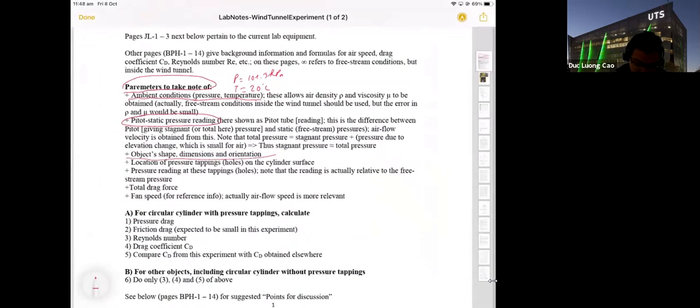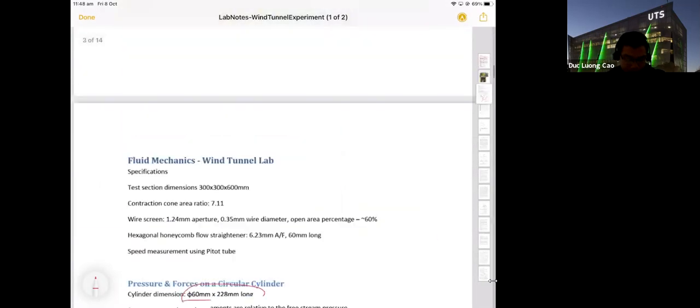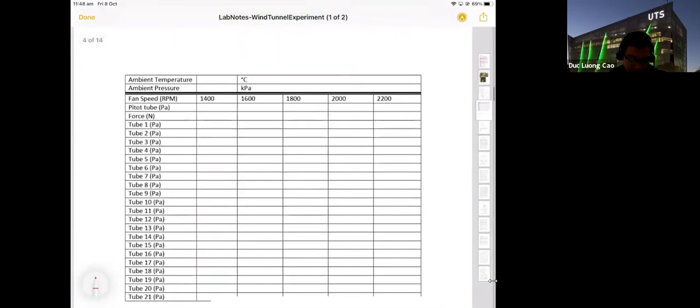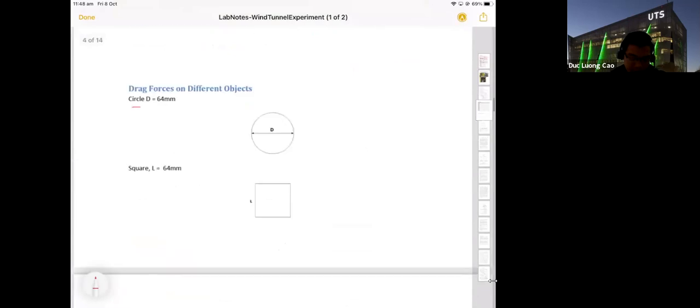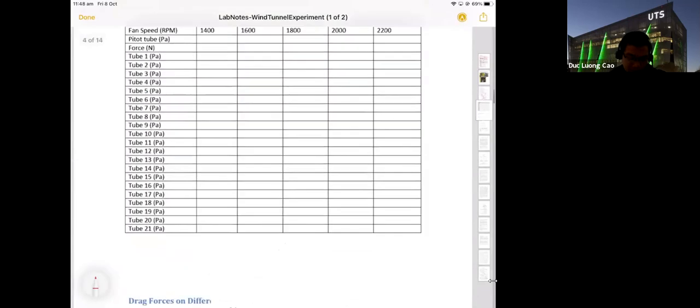Object shape, dimension, orientation. So the shape of the cylinder you have for part A. For part B, the shape of the other object you have here. The shapes you can find on the left note.